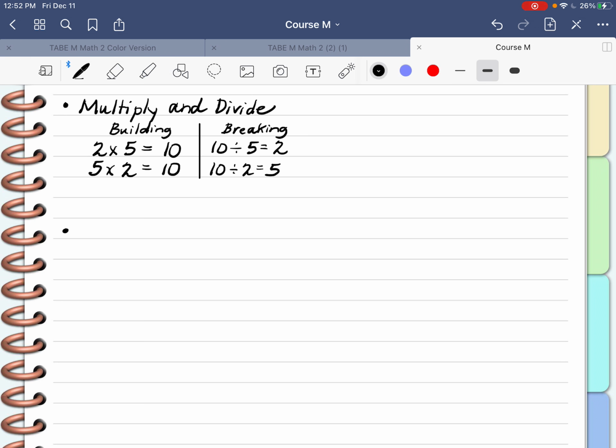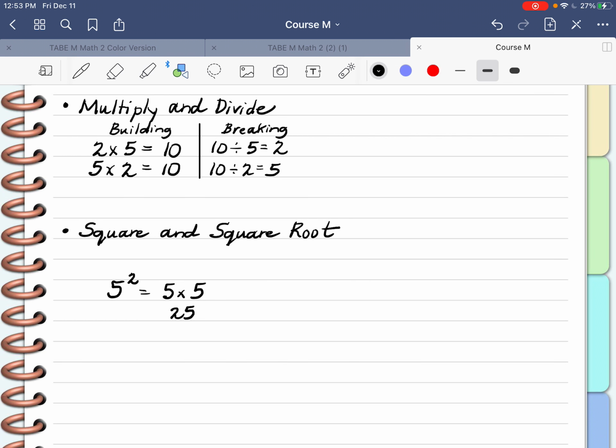Here is another example. A square and a square root. So let's consider 5 to the second power. 5 squared is 5 times 5, which is 25.